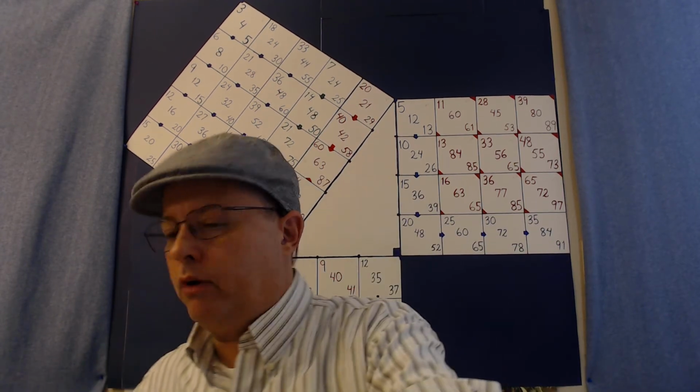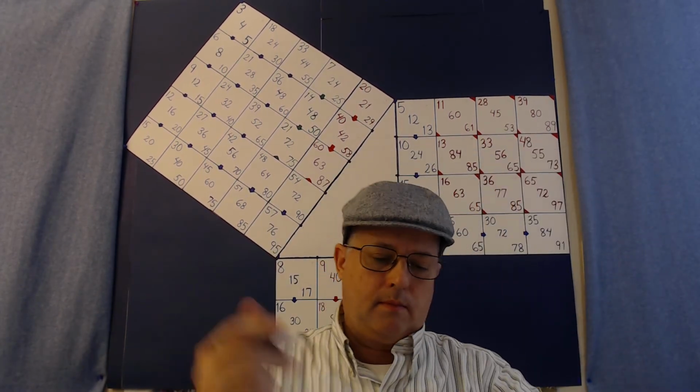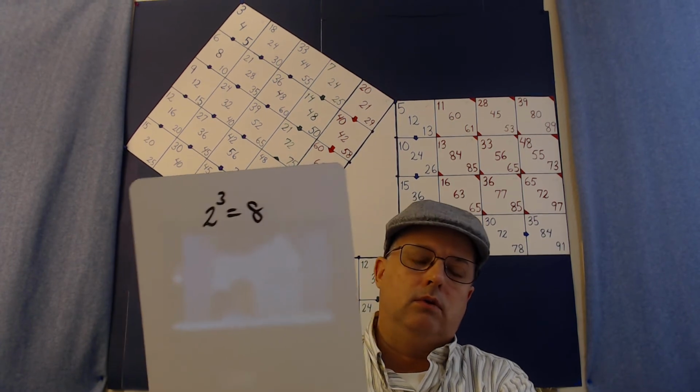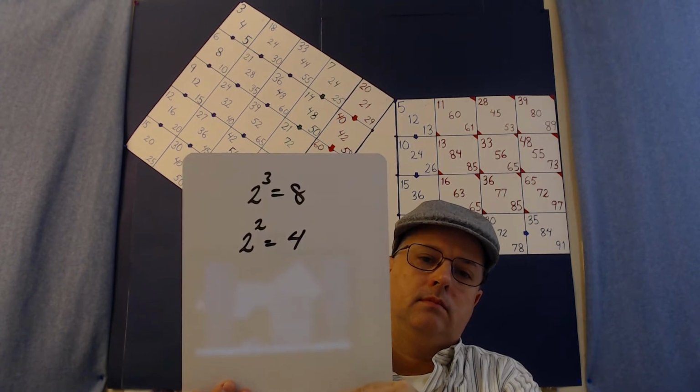Another idea that's happening there is this one. Let's check this out. 2 to the third is 8, right? And 2 to the second is 4. And 2 to the first is 2.